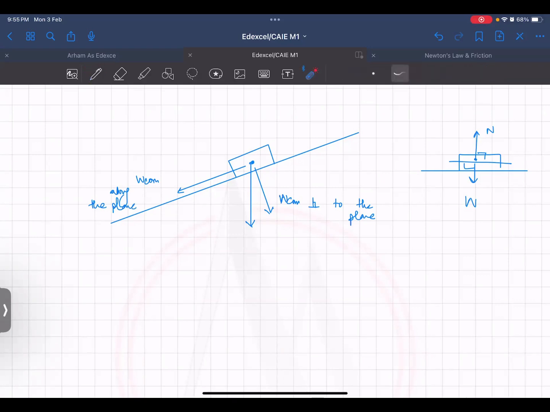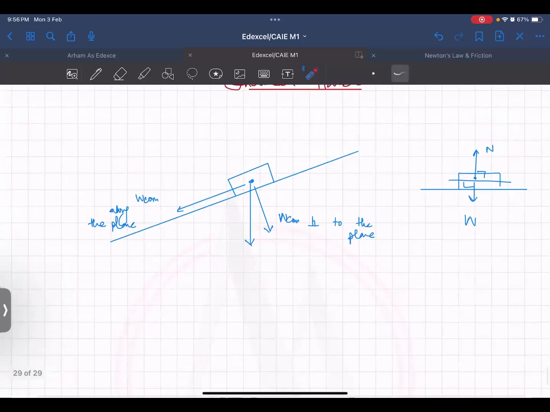So without any external force acting on this body, it can start going down, because the weight is still vertically downward, but the effect of this weight is now divided into two parts. And if there is no force countering the component along the plane, then definitely it would go down.